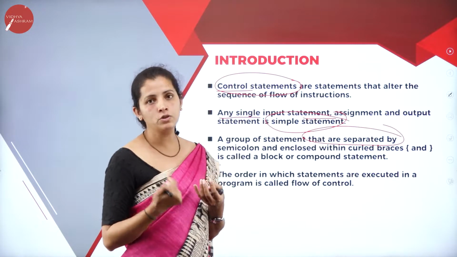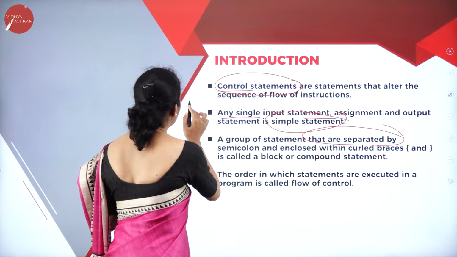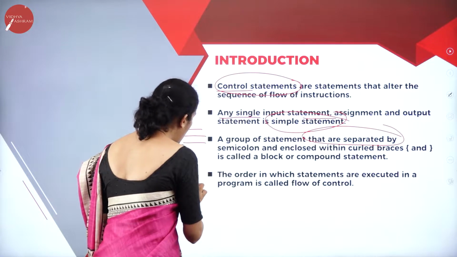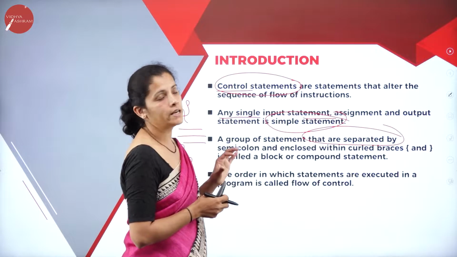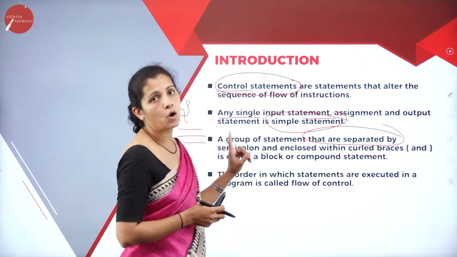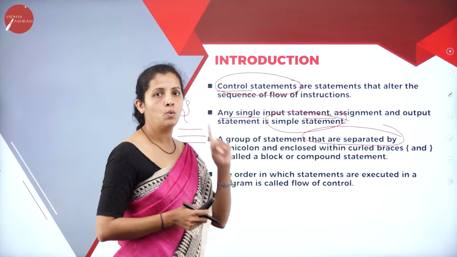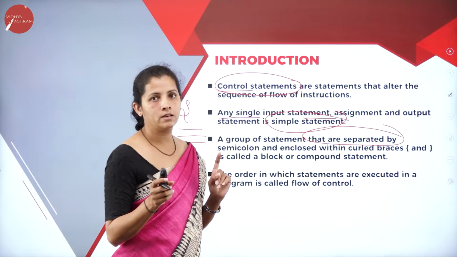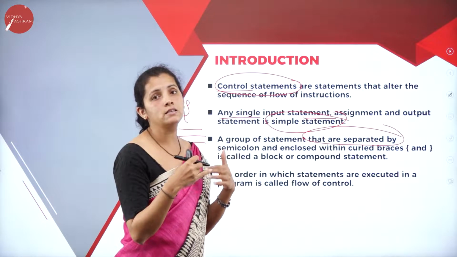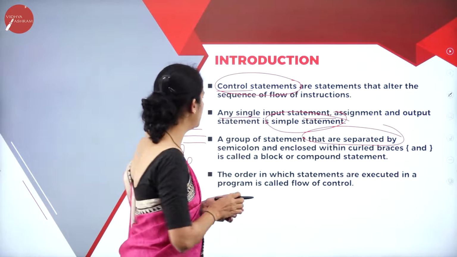Then what is a compound statement? If I am going to have n number of statements and I write those statements inside the curly braces, it is called a compound statement. One statement, simple statement. N number of statements written within the curly braces, then it is a compound statement.